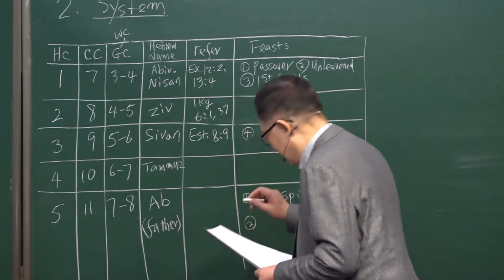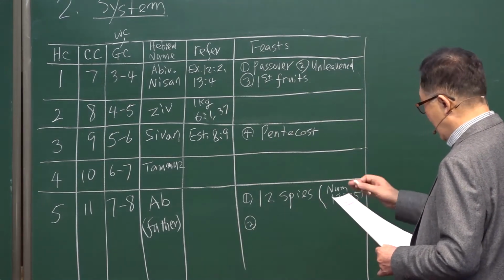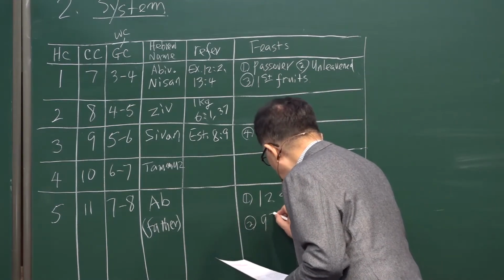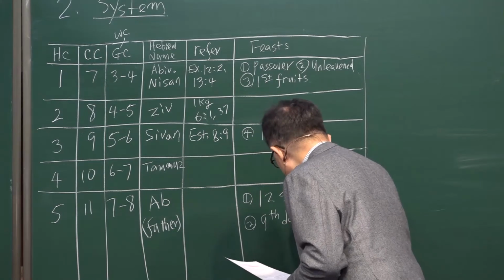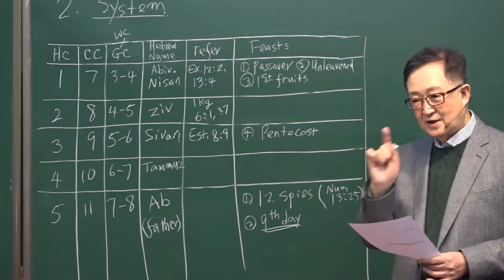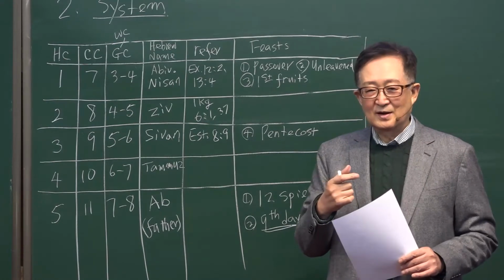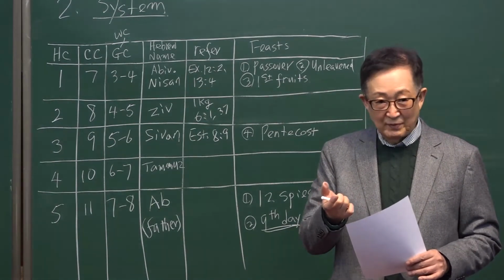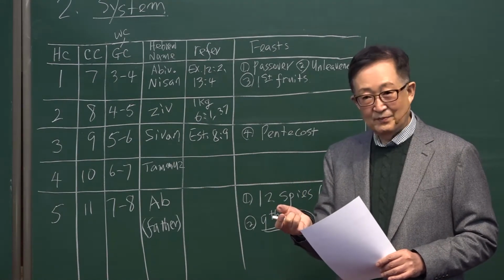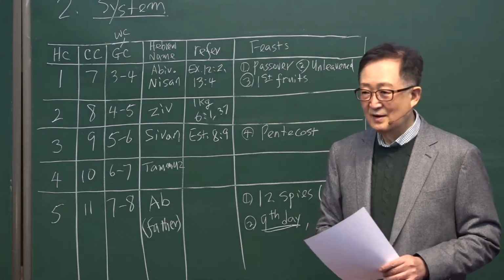Second, in this Av month, on the 9th day, it is a very, very important part. On the 9th day of Av, Solomon's temple, which is the first temple, and the Zerubbabel temple, which is the second temple, were destroyed. Same day. Isn't it interesting?